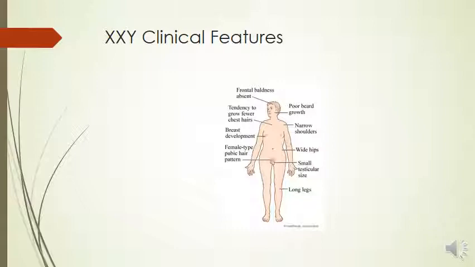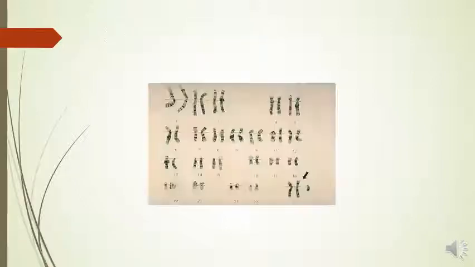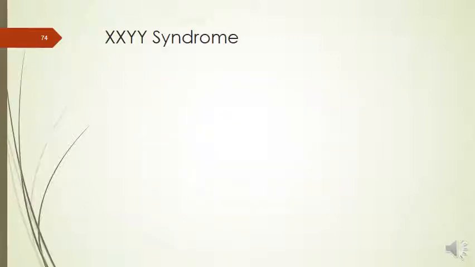If you were to look from the posterior view of an individual with Klinefelter syndrome, they would actually look like a female because they have female deposition of fat. Here you have a karyotype of an individual that has Klinefelter syndrome, 47,XXY.